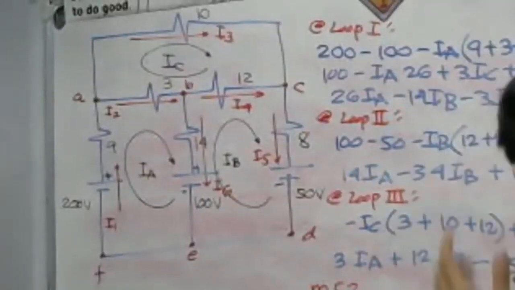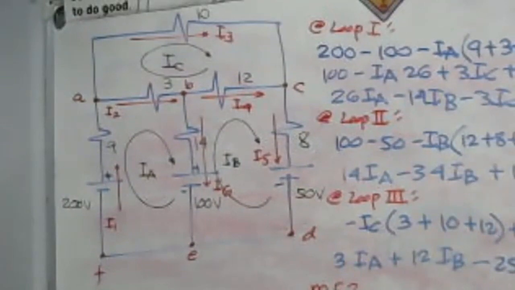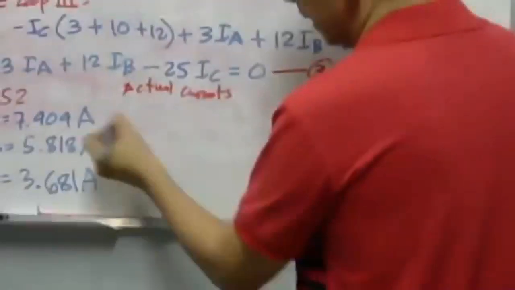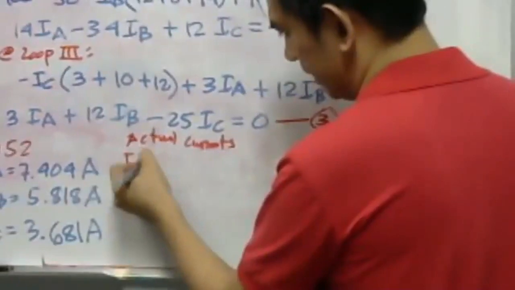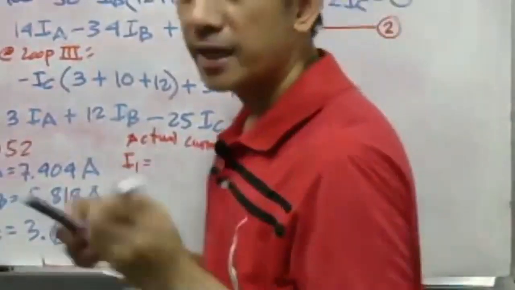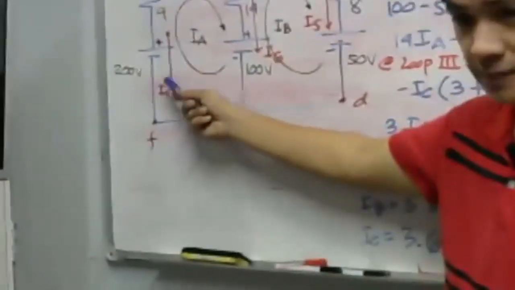Okay, I will solve our actual currents. Let us have our actual currents. I will have first our I1. Take a look at I1 here in our figure.